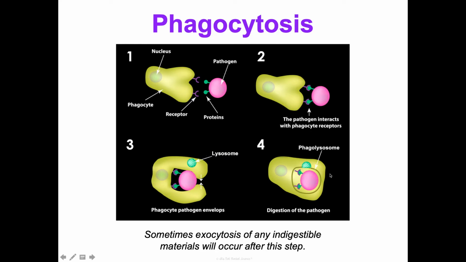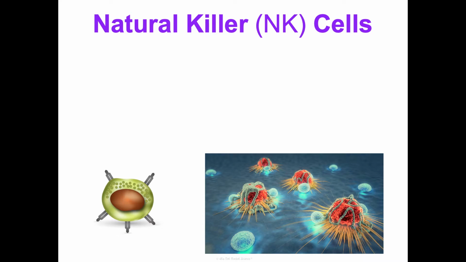Those lysosomal enzymes or lysozymes destroy the pathogens and digest them. Sometimes if it can't fully digest the debris or the pathogen, exocytosis will occur to release the indigestible material from the cell, and then that'll get disposed of in a different way. But essentially, it's just eating a pathogen.